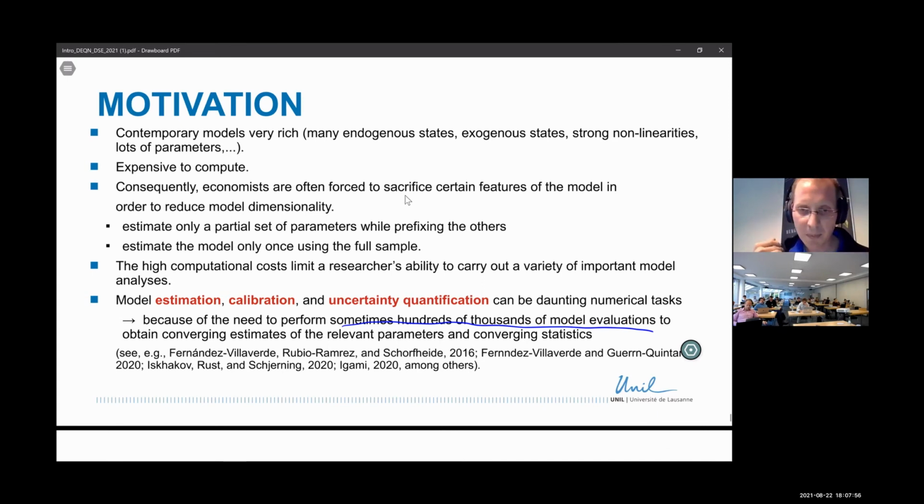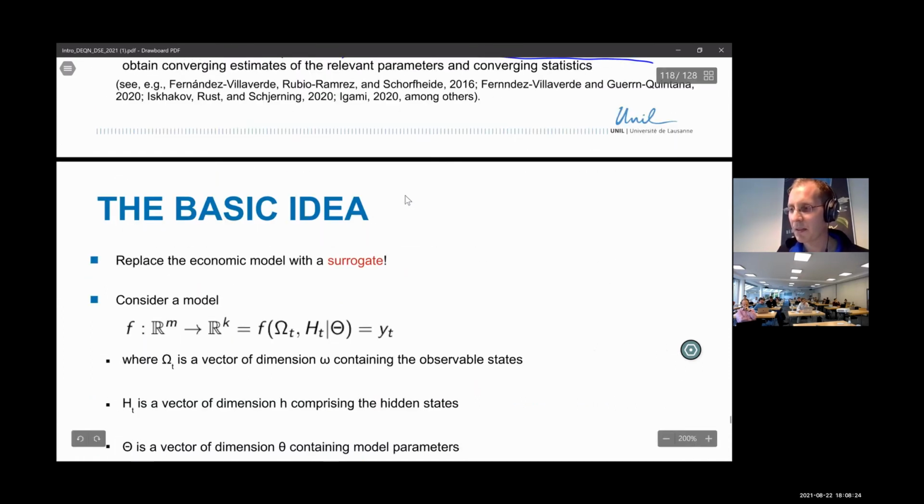They sometimes use hundreds of thousands of model evaluations until you have good estimates of the relevant parameters and statistics. Now, these days, when you have very rich model specifications, this is an unsatisfactory situation, because it would be impossible, or just very cumbersome, to do that.